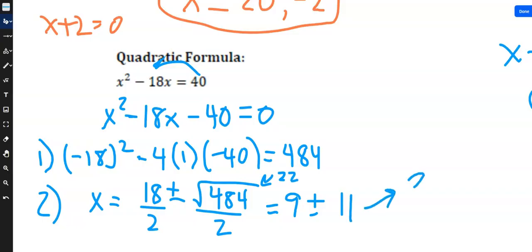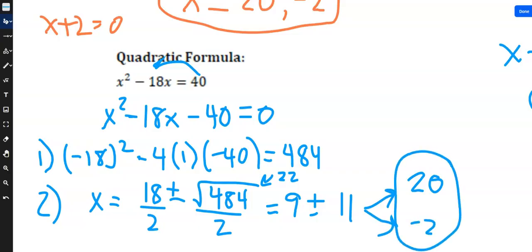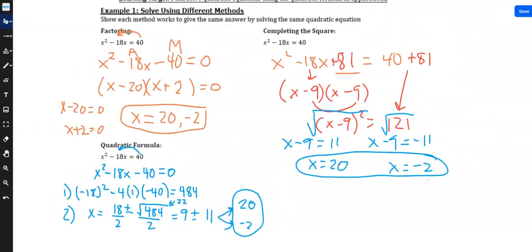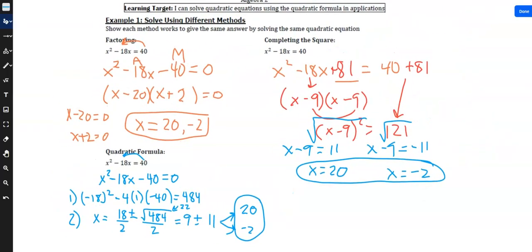And oh, look, we get 20 and negative 2. Same thing we got a few seconds ago. So there's all three methods that can be used on some types. Factoring cannot always be used, but you can use completing the square and the quadratic formula on all those different types of problems.